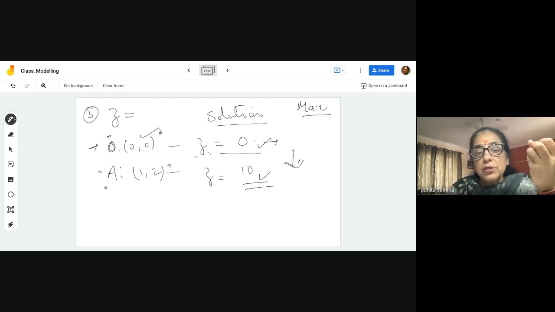Why should I compute extra if I can devise a method which will tell me that if this happens, then the current solution is going to be an optimal solution? If I'm able to devise such a method, it will serve two purposes. Number one, I will get to know whether the given solution is optimal or not. Number two, I need not compute the value of the objective function at the subsequent extreme points because I've reached my optimal. Okay, so the other is not required.